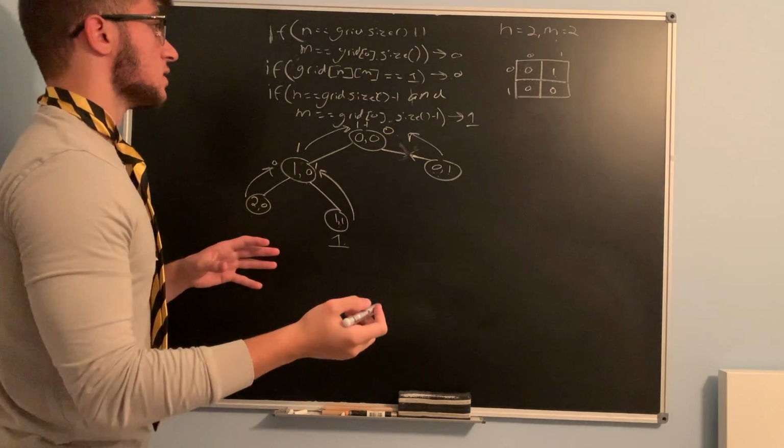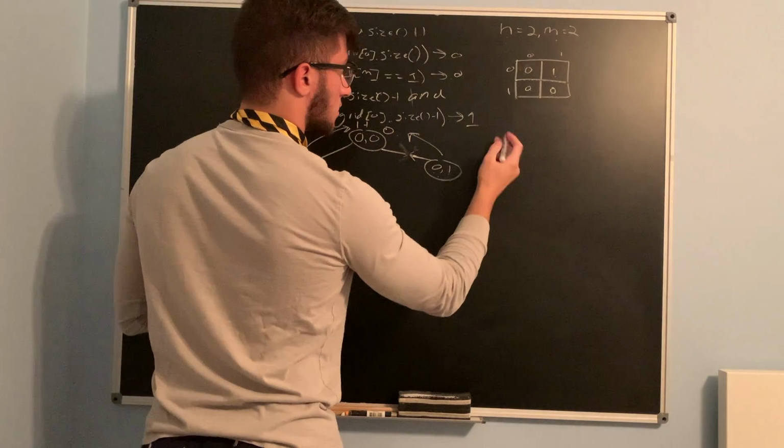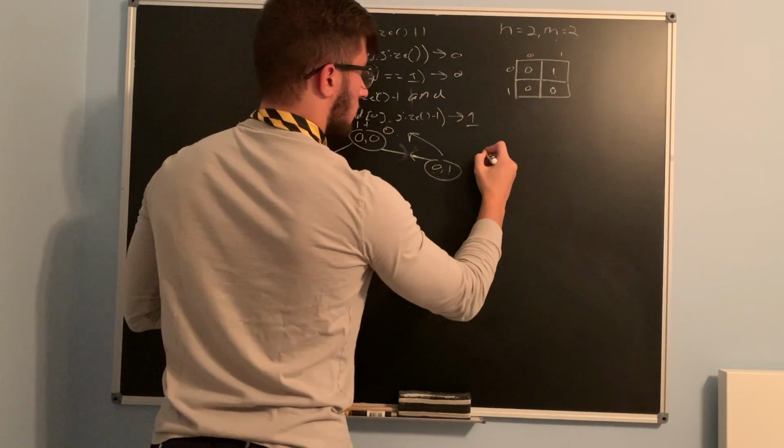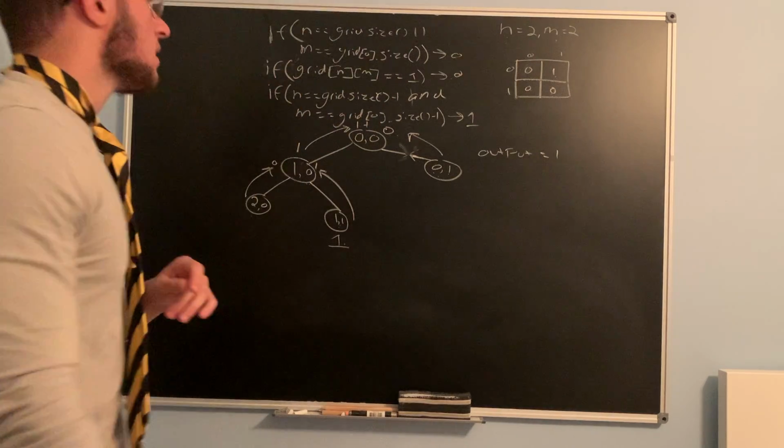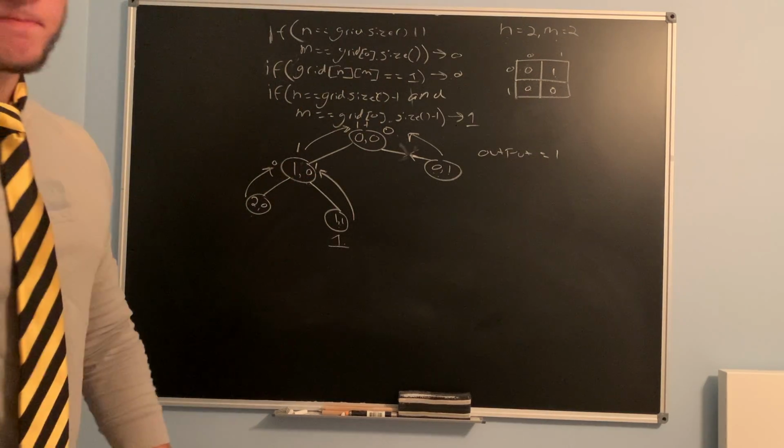So the total combinations of this matrix from getting from here to here would be 1. And that's kind of how it would work.